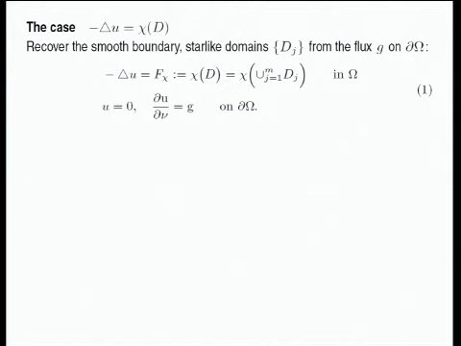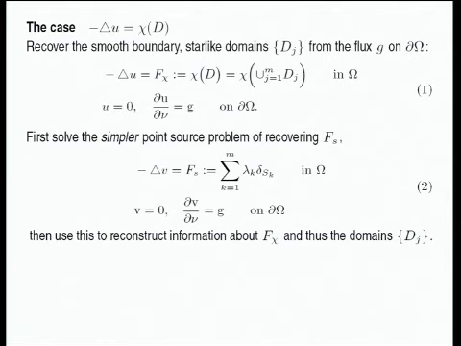The real problem is to get chi of D, which is the sum of the D_j's, with this data. And I'm going to solve the simpler source problem. And the theorem is, this problem here, the easy one, is the Padé approximation of that one.